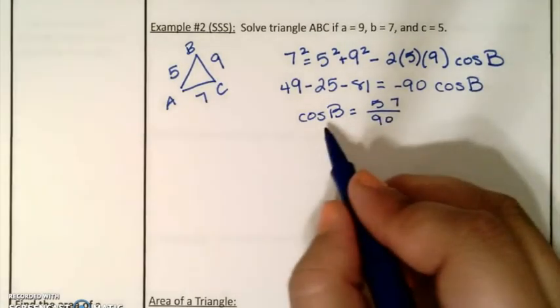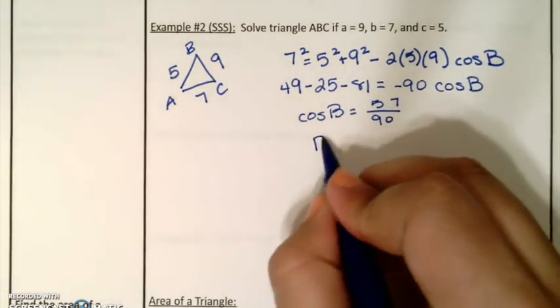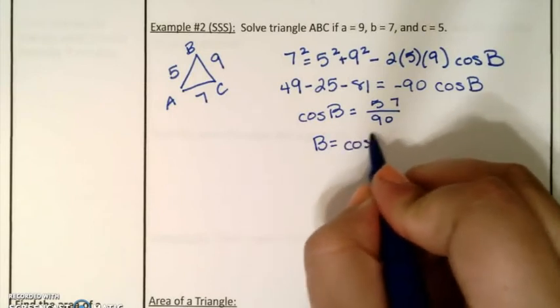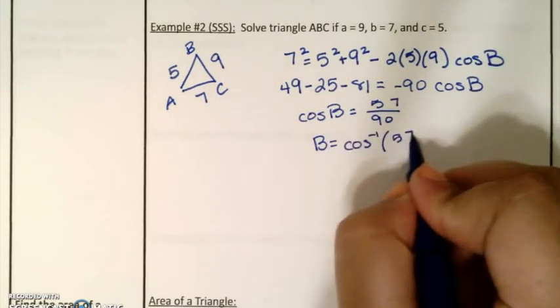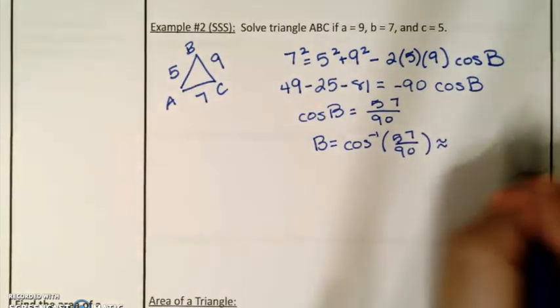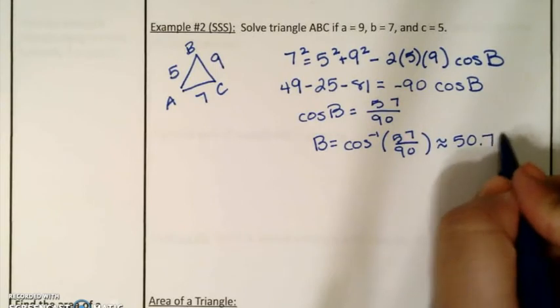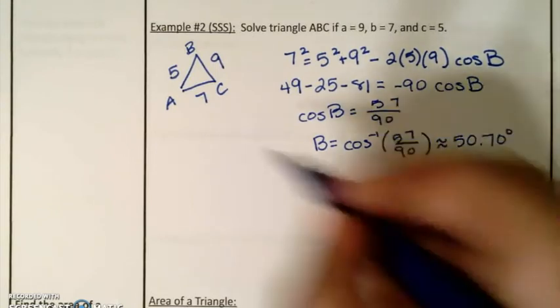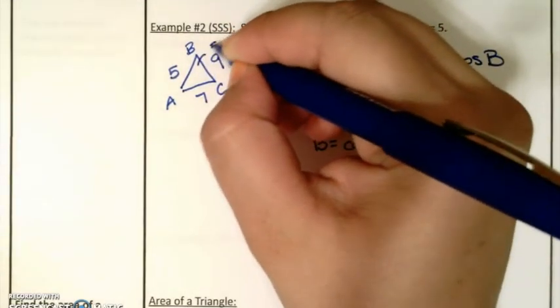Using an inverse of cosine, B equals cosine inverse of 57 over 90, which using a calculator is approximately 50.70 degrees. So that is the measure of angle B.